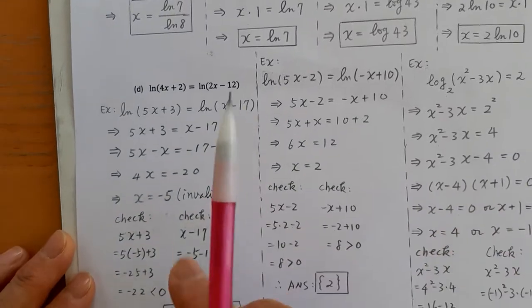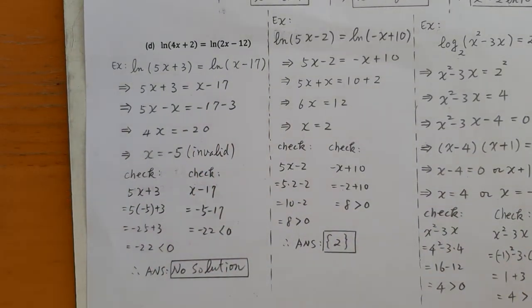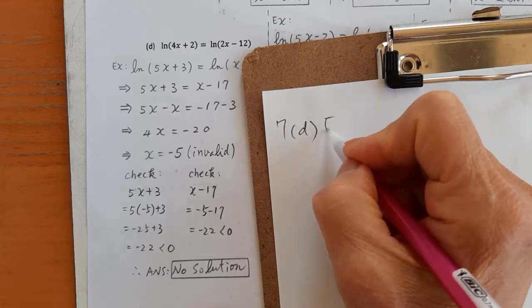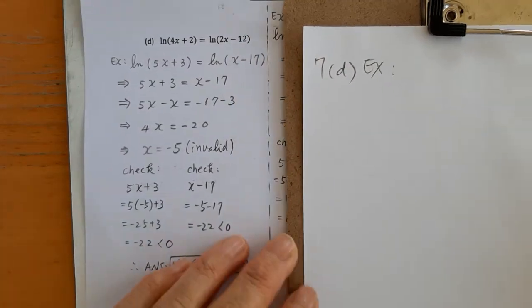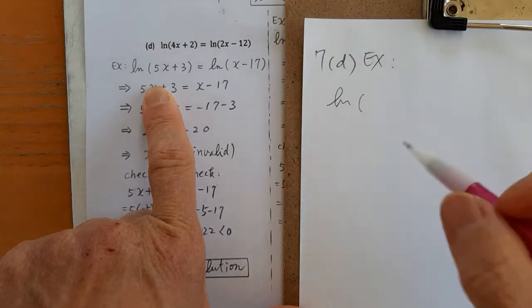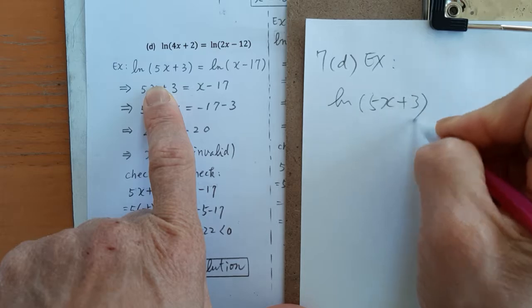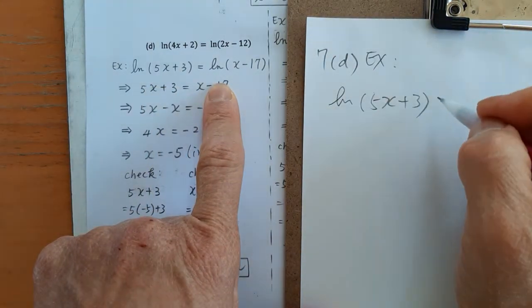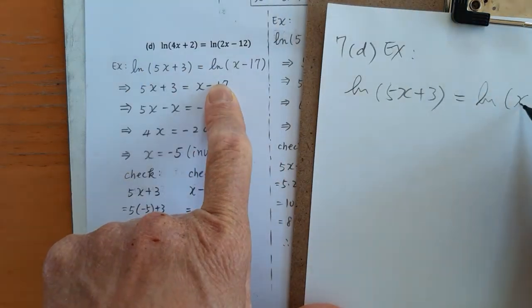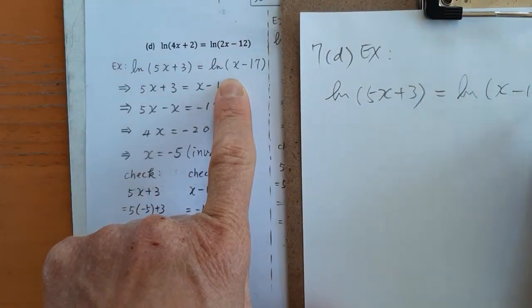Question D. Solve for x also. Example like this: ln of 5x plus 3 equals the natural logarithm ln of x minus 17.